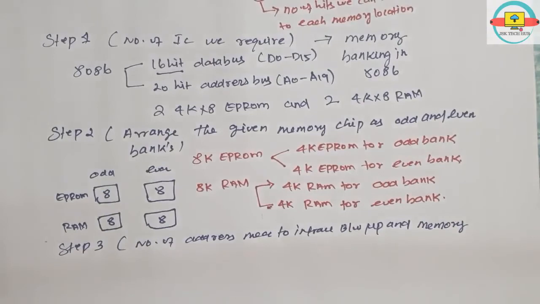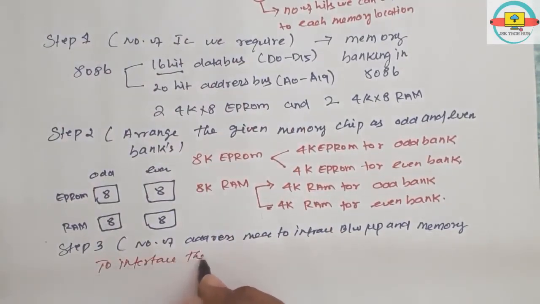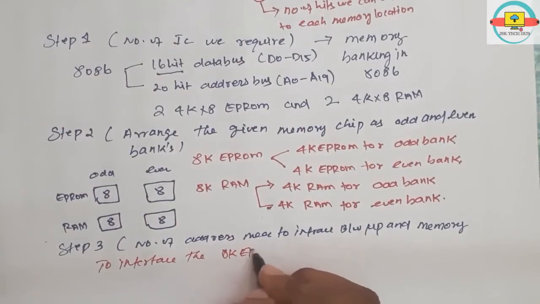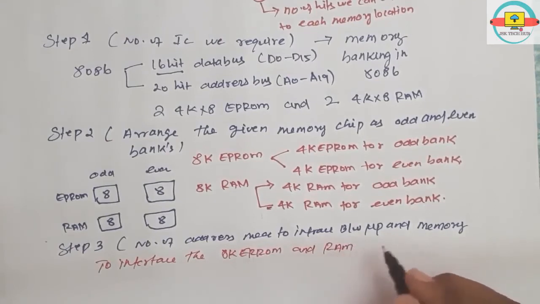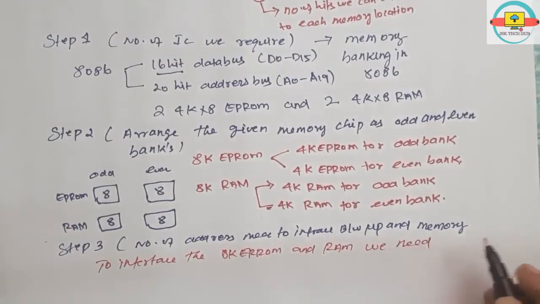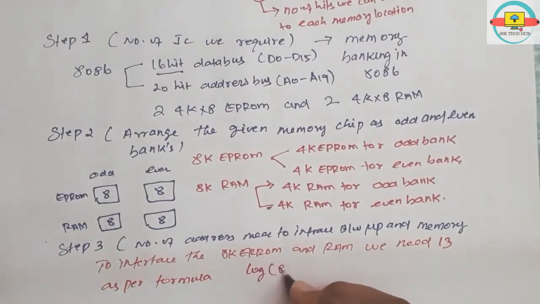To interface the 8K EEPROM and RAM memory, we need 13 memory address lines as per our formula. The formula is log 8K divided by log 2, we get 13.